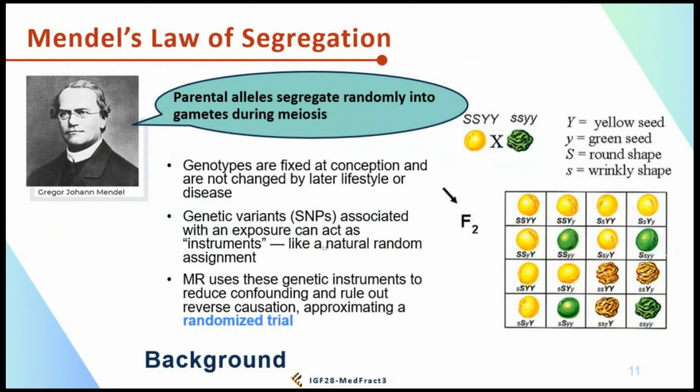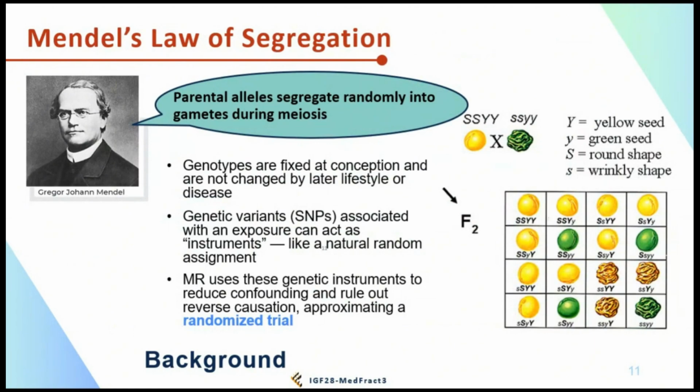Before explaining Mendelian randomization, I want to remind our audience of Mendel's law of segregation. This classic pea experiment demonstrated it very well. So during gamete formation, the parental alleles were randomly passed to their offspring.